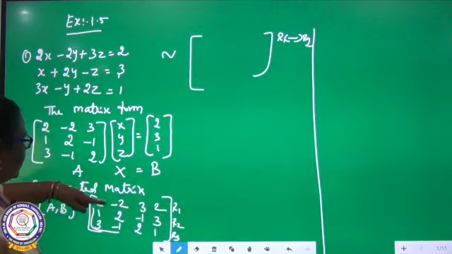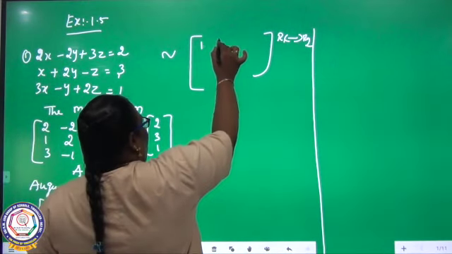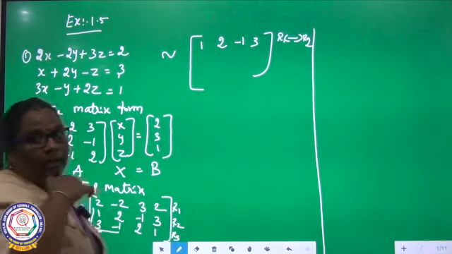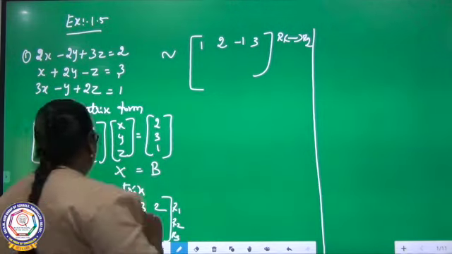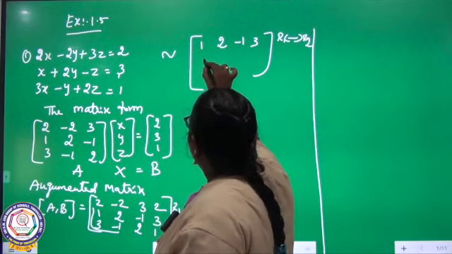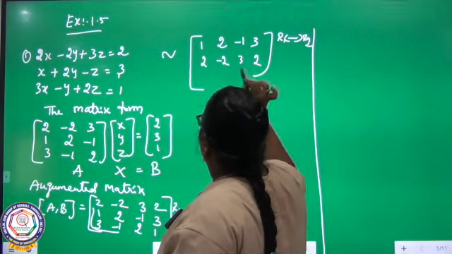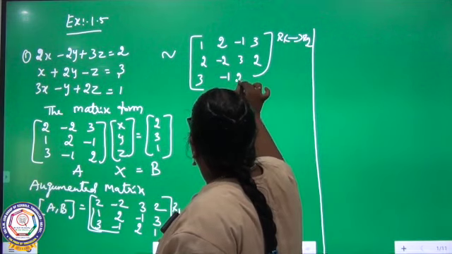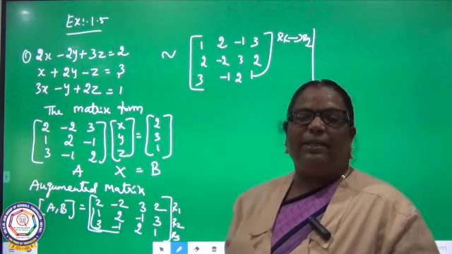It becomes R1: 1, 2, minus 1, 3. What is R2? 2, minus 2, 3, 2. R3: 3, minus 1, 2, 1. Because when the first number is 1, it is easy to do the sum.